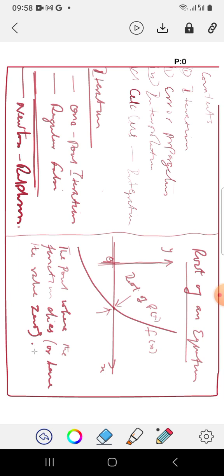When you plot it on the graph, that's the point where the curve crosses the x-axis. Okay, that's the point where it crosses the x-axis.